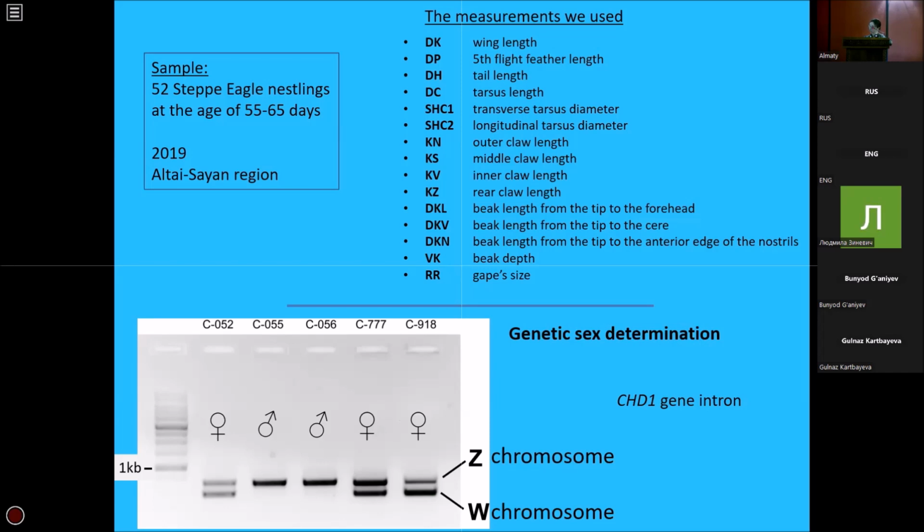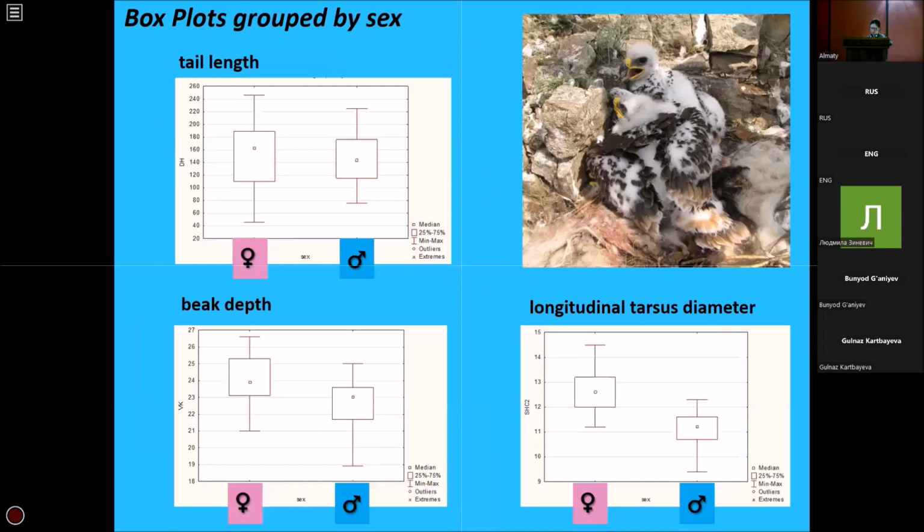Once we know exactly the sex of each nestling, we can look at the distribution of different traits in males and females. Here, for example, tail lengths: the median values don't differ significantly, and the same picture is for wing feathers.